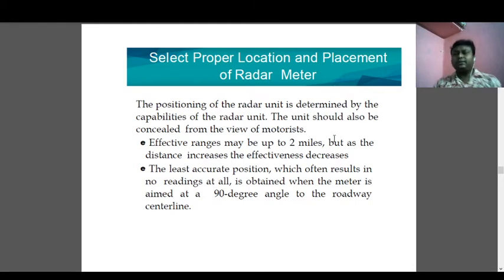As the distance increases, there may be chances of obstruction, or of some vehicles or animals coming into the picture, and you will not get proper or accurate data. So the effectiveness will decrease and the data will be more erroneous. The least accurate position, which often results in no reading at all, is obtained when the meter is aimed at a 90-degree angle to the roadway center line.